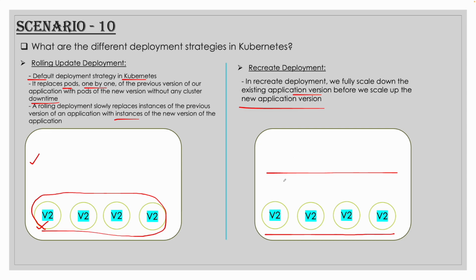Definitely we have a downtime with this strategy, wherein all your existing application is going down completely and a new set of pods is getting created. The benefit of using rolling update strategy is there is no downtime at all. Let's go and see it in practical.